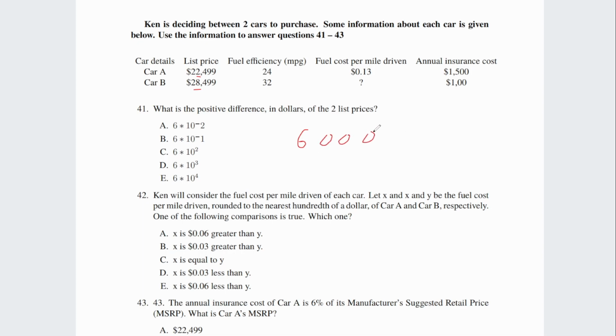But if we think about the number of times that the decimal point is going to jump to make 6,000, we have 1, 2, 3 jumps that it makes, which means 6 times 10 to the third power, $6,000, which is answer choice D.